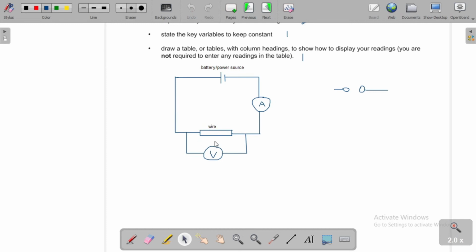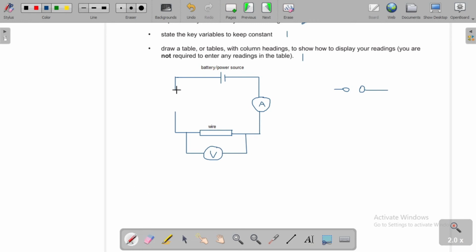Let me see whether there is something I can quickly do. Let me erase. Can I erase part of the line? Cool.